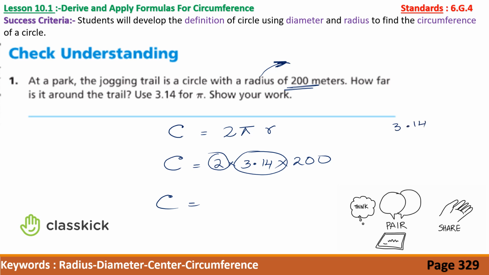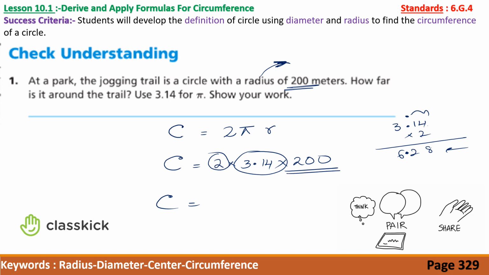3.14 multiplied by 2. Okay, 2 times 4 is 8, 2 times 1 is 2, 2 times 3 is 6. After the 2 digits, there is a decimal, so go from here and after the 2 digits, put a decimal. Now multiply by 200.